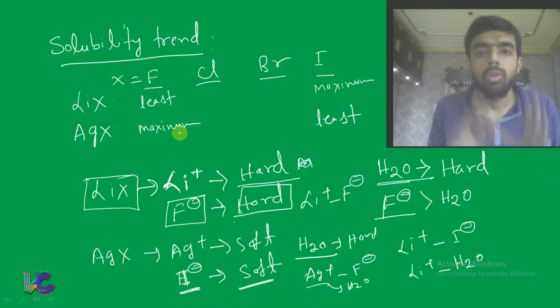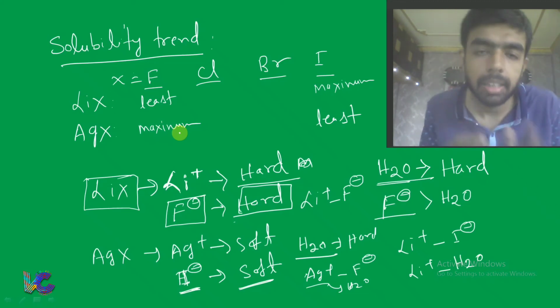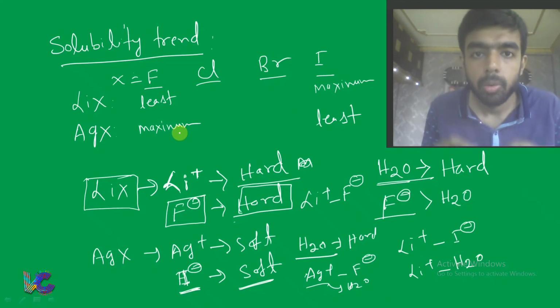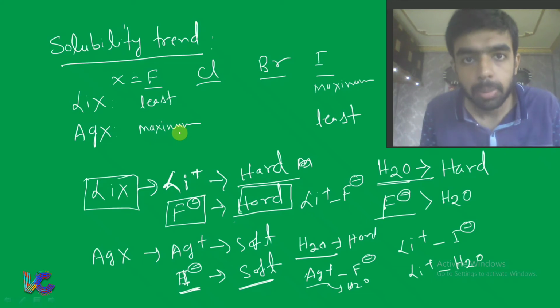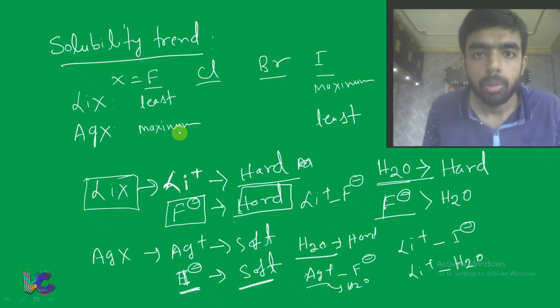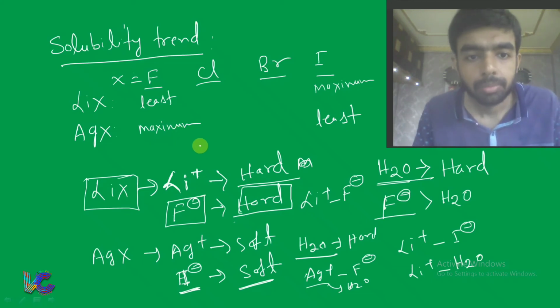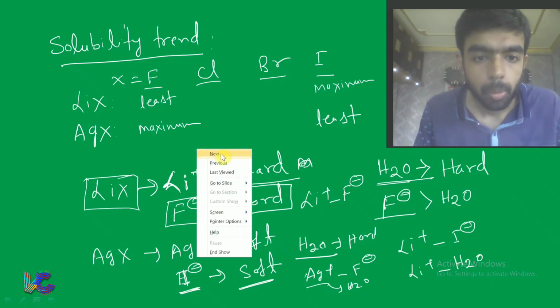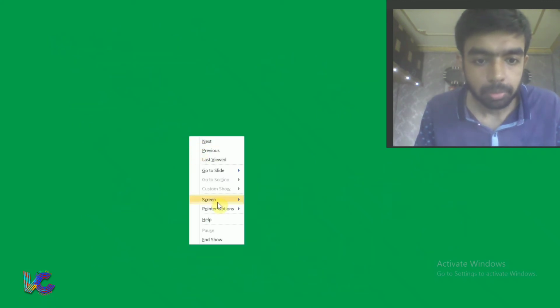Fine. So by using the HSAB principle, you can predict and explain the solubility trend of complexes.